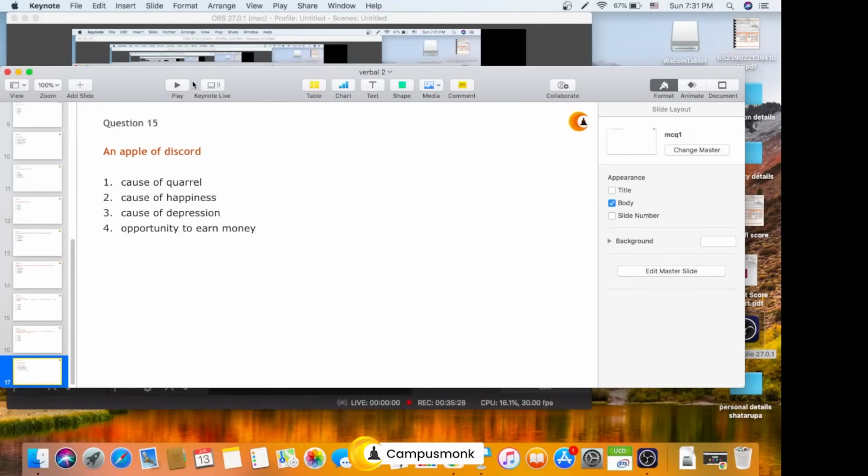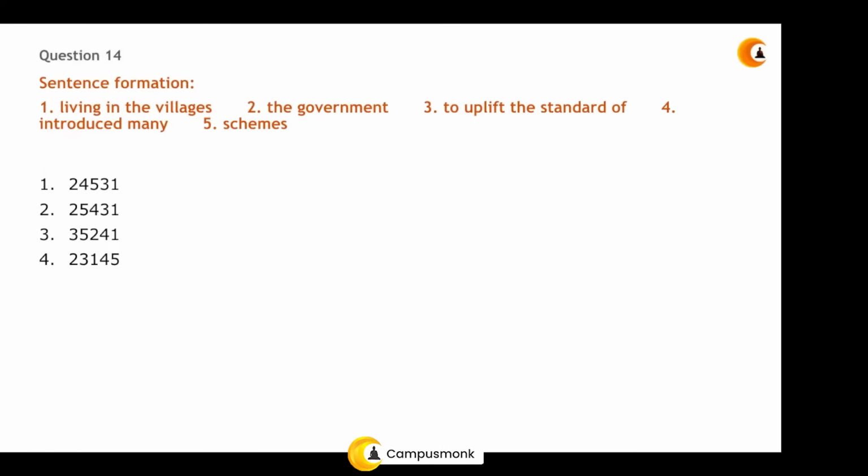Okay, so it says, living in the village, the government to uplift the standard of introduce many schemes.